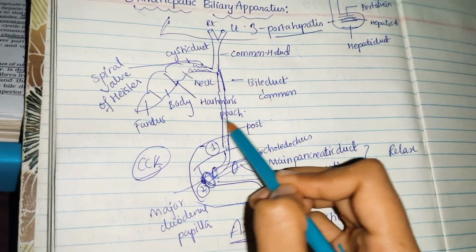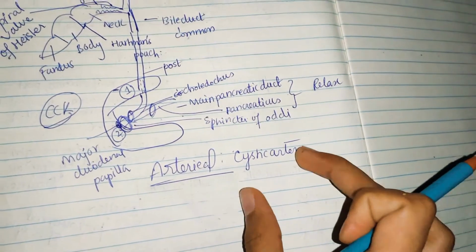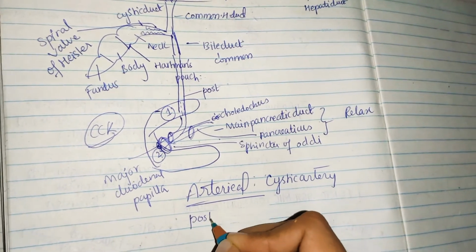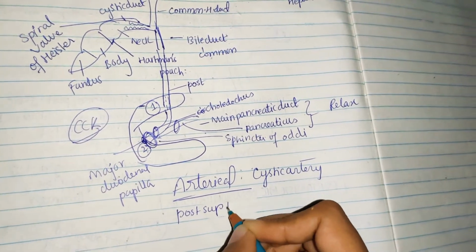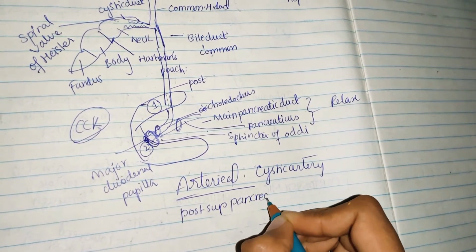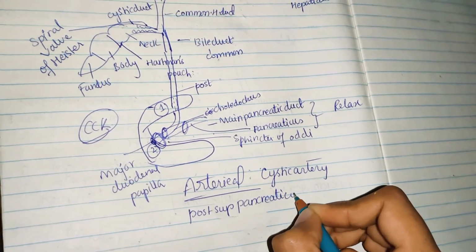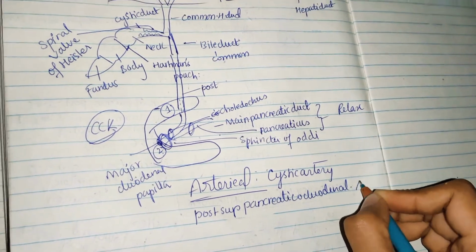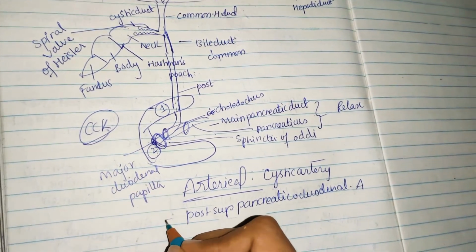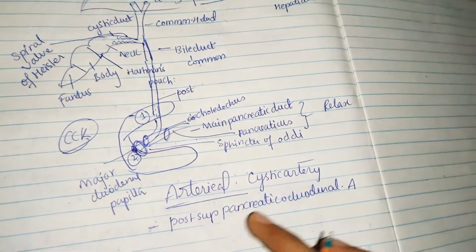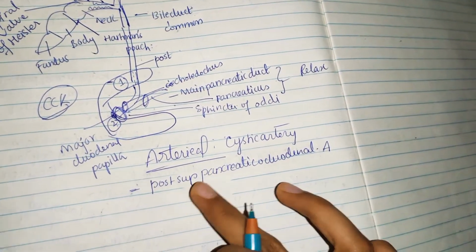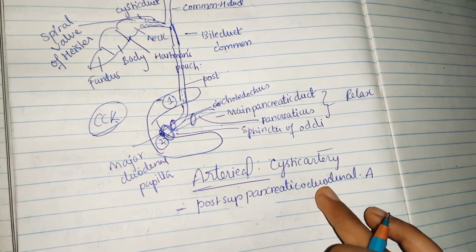So the upper part of the bile duct is supplied by the cystic artery, and the lower part of the bile duct by the posterior superior pancreaticoduodenal artery.